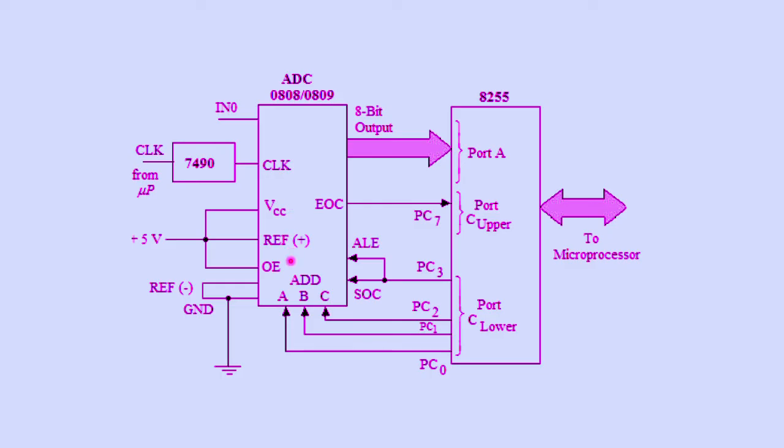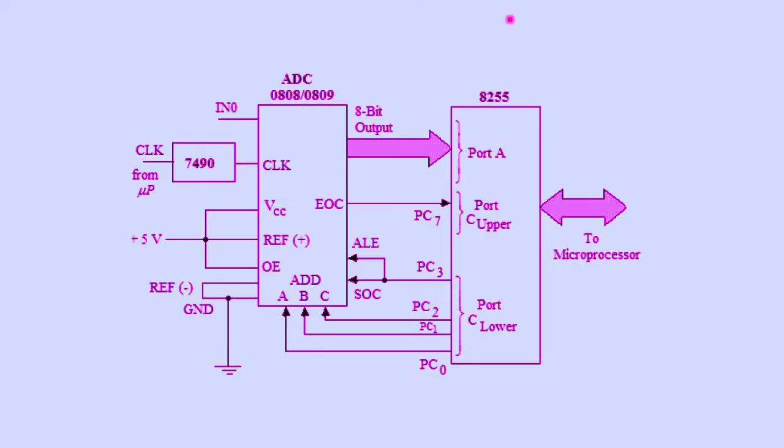Most of these signals, V reference plus, output enable and VCC, are connected to plus 5 volts, so that the output is enabled all the time. V reference is 5 volts and VCC is necessarily required for the A to D converter. V reference minus and ground are connected to ground because they are at level 0.